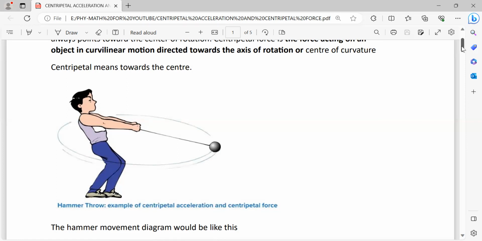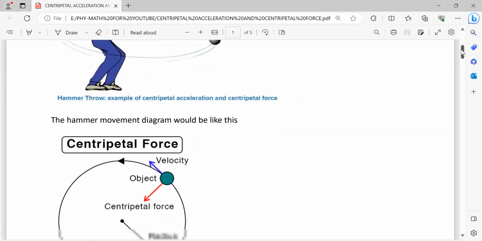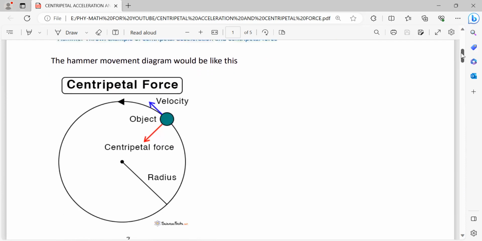Then, if we draw the hammer movement, it becomes like this, like a circle.